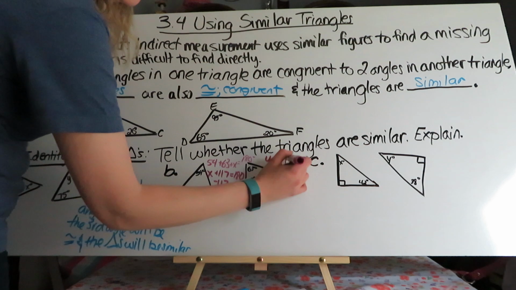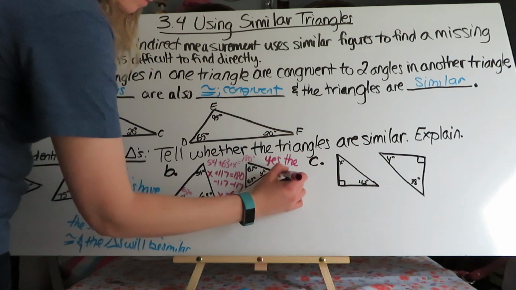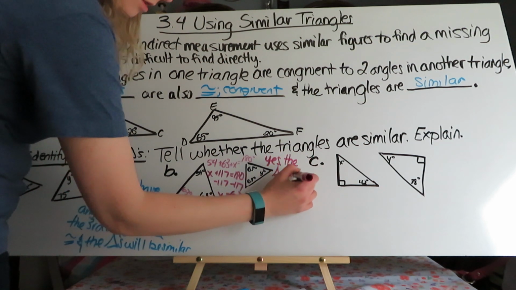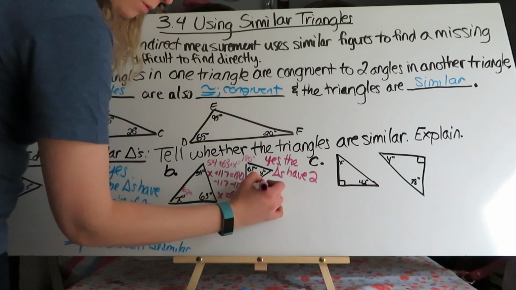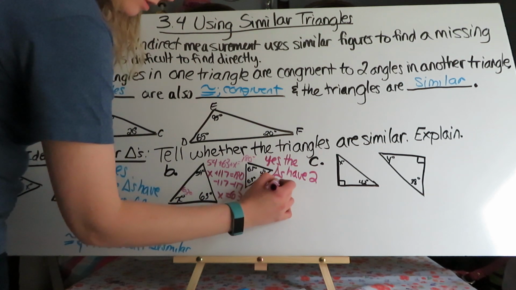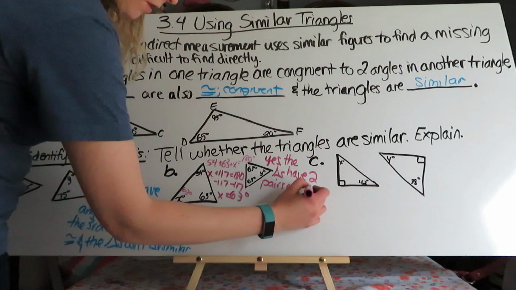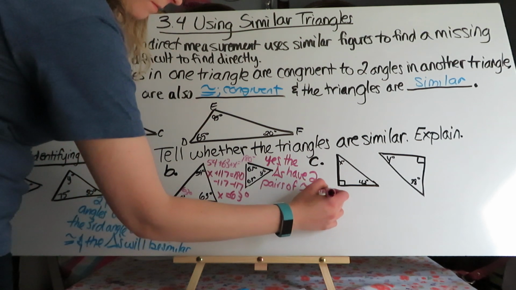the triangles have two pairs of congruent angles.